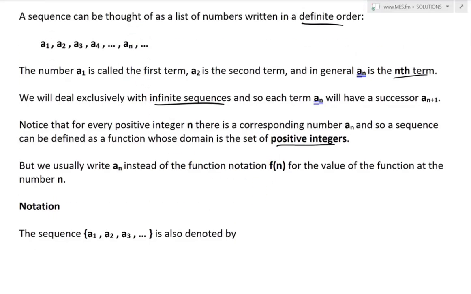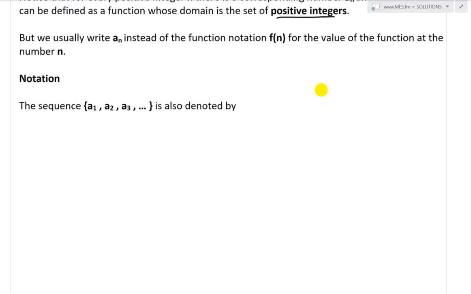Alright, so if we look at the notation for sequences, we'll have the sequence in brackets a1, a2, a3, and it keeps going on, then close bracket. It is also denoted by writing it as bracket an, close bracket, or you could write it as {an}, and then you can include the parameters, from n equals 1 up to infinity.